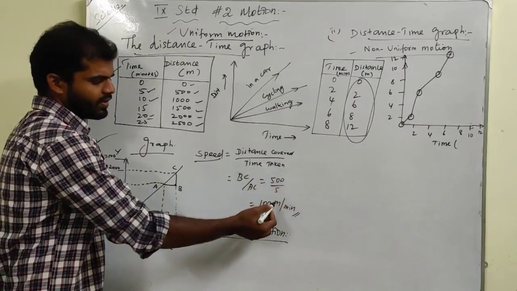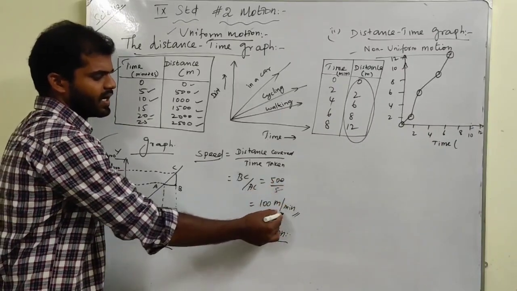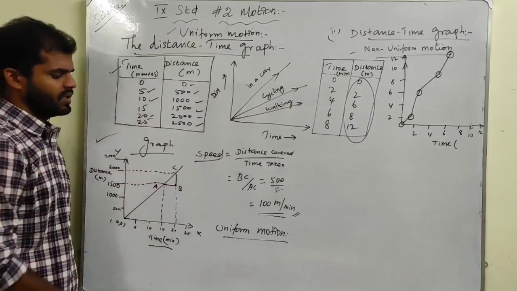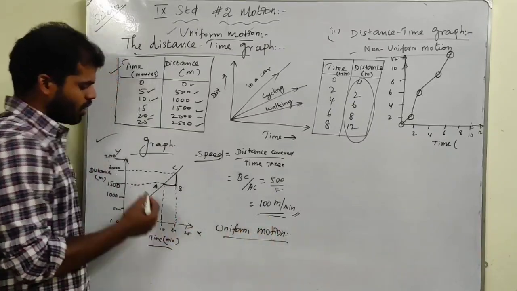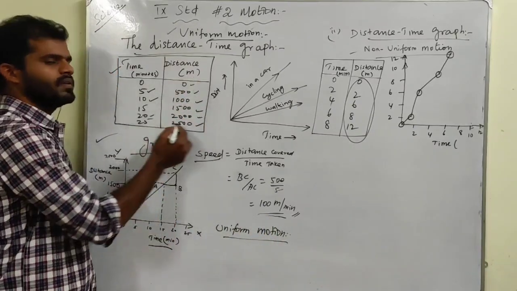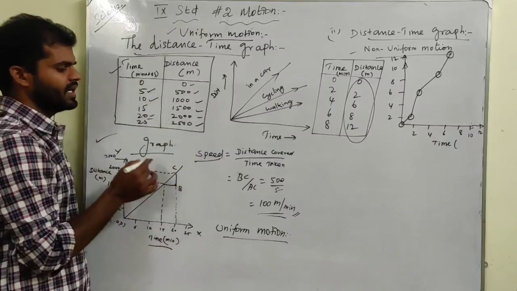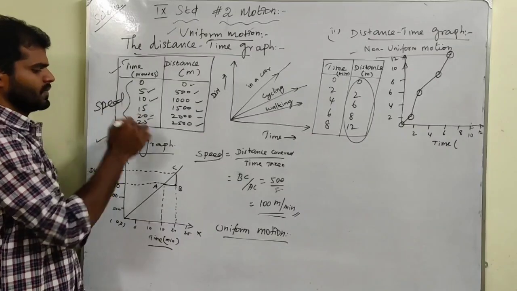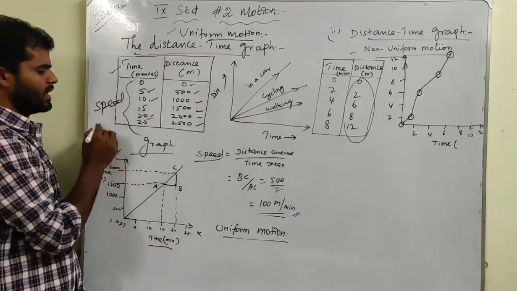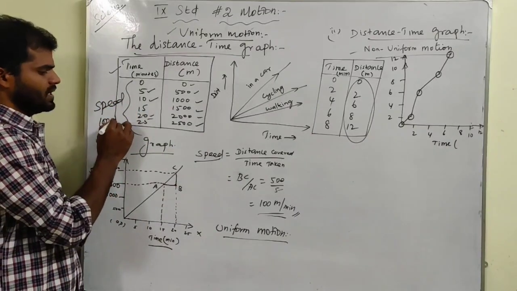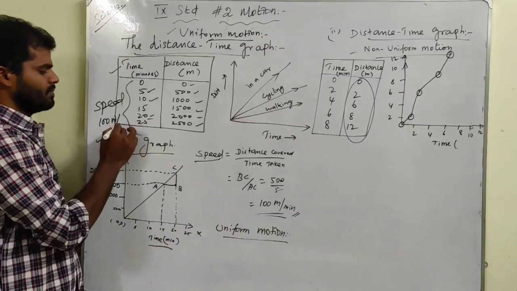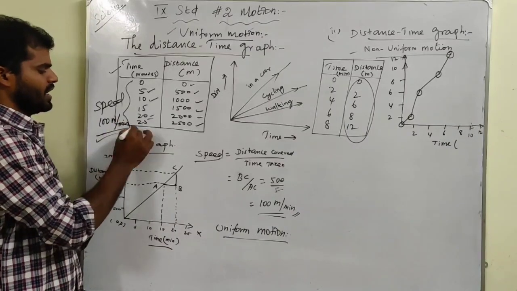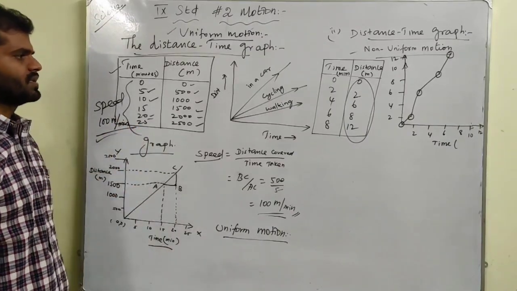So 500 divided by 5, you will get 100 meters per minute. So in all places we are traveling with the same speed, which is 100 meters per minute, right?